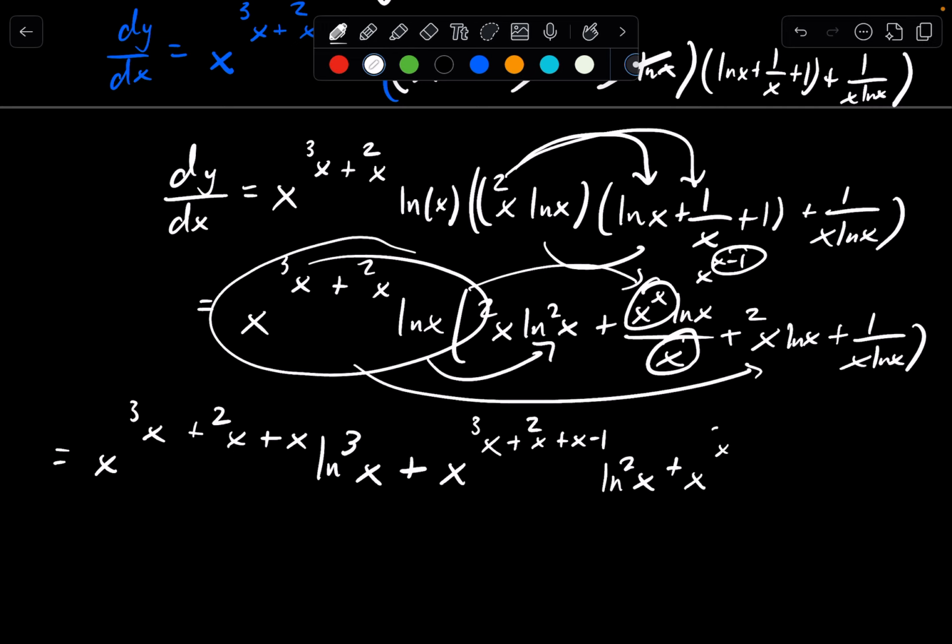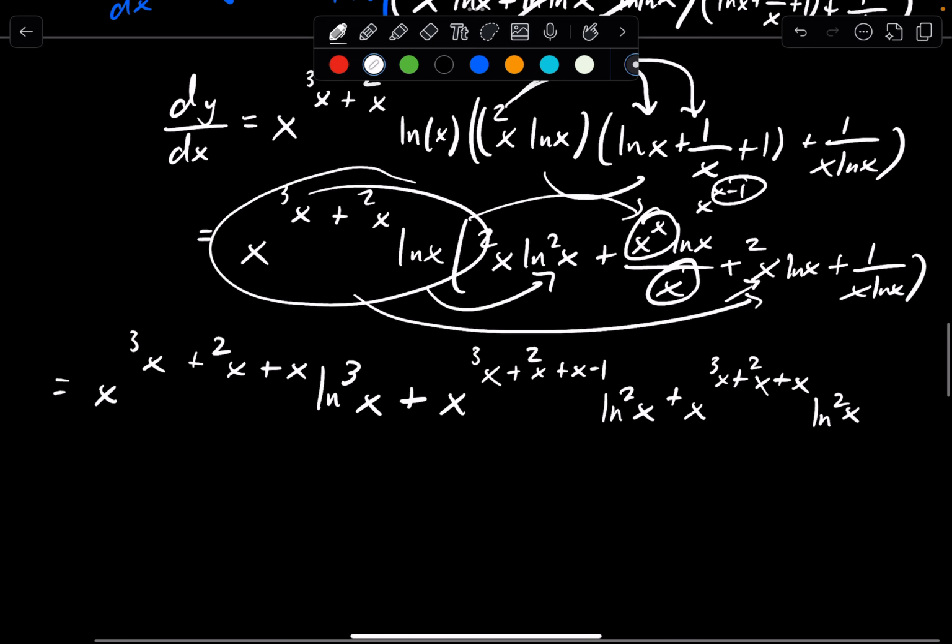x to the x tetration 3 plus x tetration 2. And then we get, since we have x tetration 2 again, x tetration 2 plus x, and then we get ln squared of x once again, and we finish this term as well, and then we just have this term remaining.